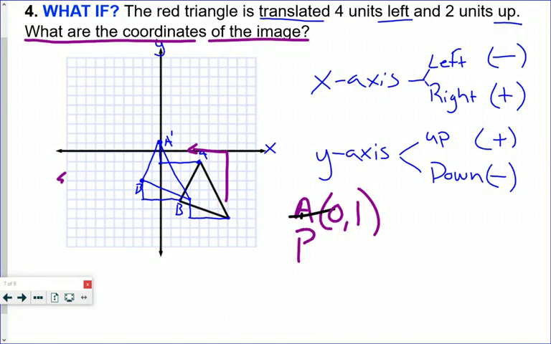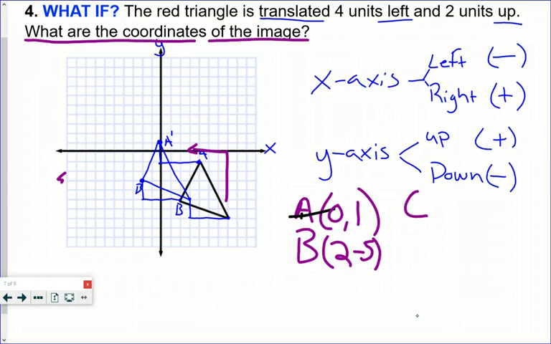Our next point then would be over 1, 2, so positive 2 on the x-axis, and then we're going down. Where's our new unit right here? 1, 2, 3, 4, 5. So we'll be at negative 5 for our next point. And then point C will be our final one.